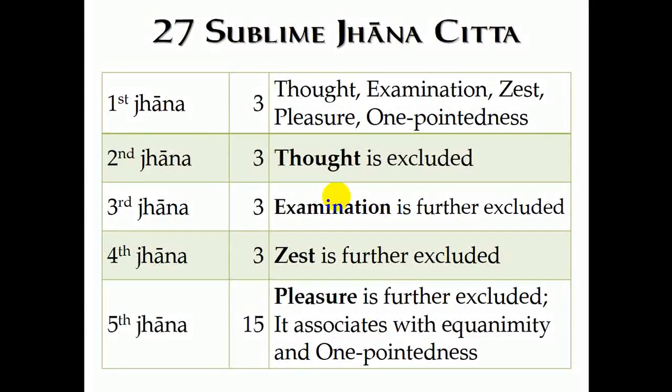Another point is that the 5th jhana comes together with equanimity and one-pointedness, right? Equanimity. So we have to take note here of equanimity. When you attain the 5th jhana, there's no pleasure. Not even pleasure. There's no pleasure, right? So we have to know all these, right? So I hope you get it.